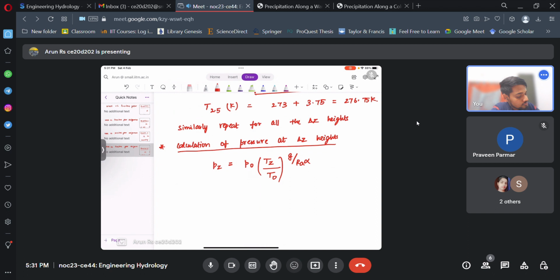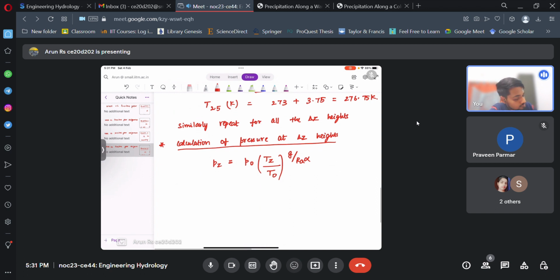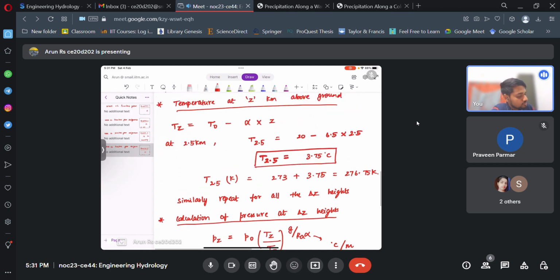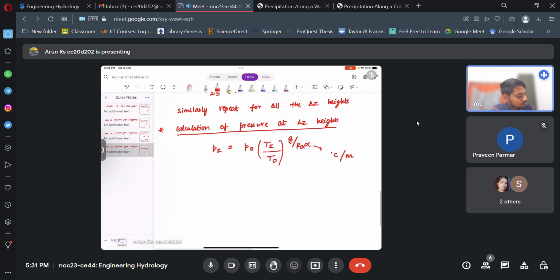Here you need to be a little bit careful. We need to represent alpha in terms of degree centigrade drop per meter, because your pressure is in kilopascals and it is per meter square, but the alpha unit is given as 6.5 degree centigrade per kilometer. So here you have to convert this alpha unit.